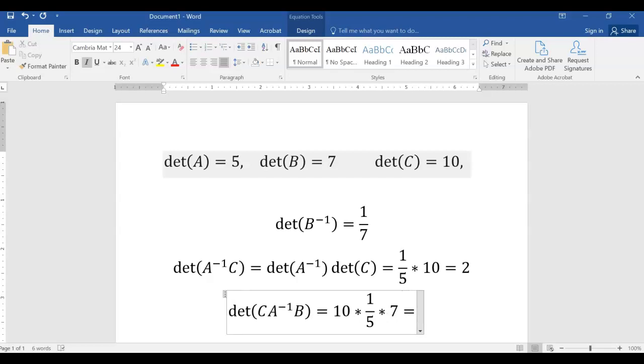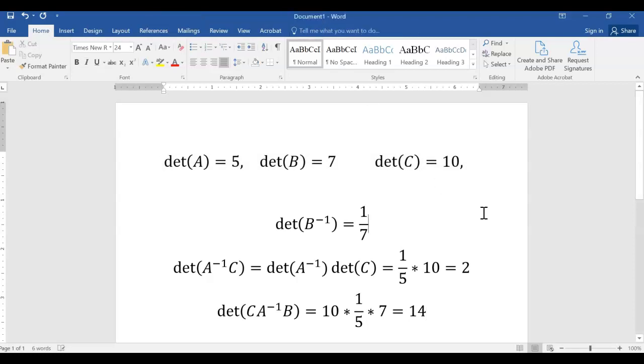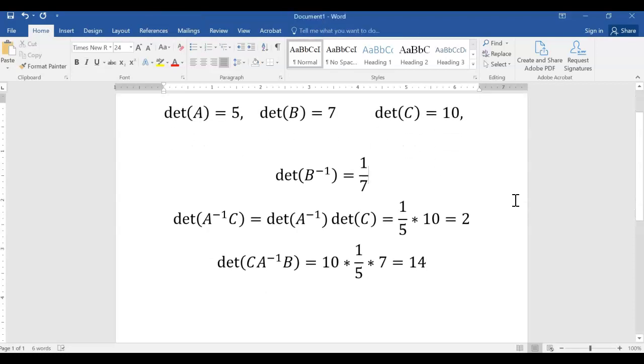So if I do C times A inverse times B, what we get, I believe, is 14. So those are the answers to those 3 questions. Again, here we're just utilizing the inverse property of determinants.